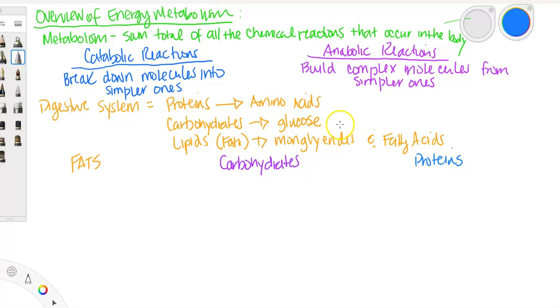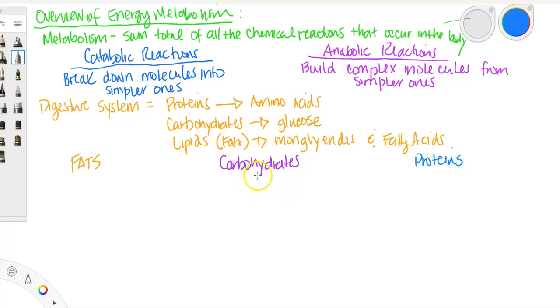Okay, so we probably know the most about carbohydrates. The body wants to use carbohydrates, the glucose, because it's the easiest way to get energy from those molecules.